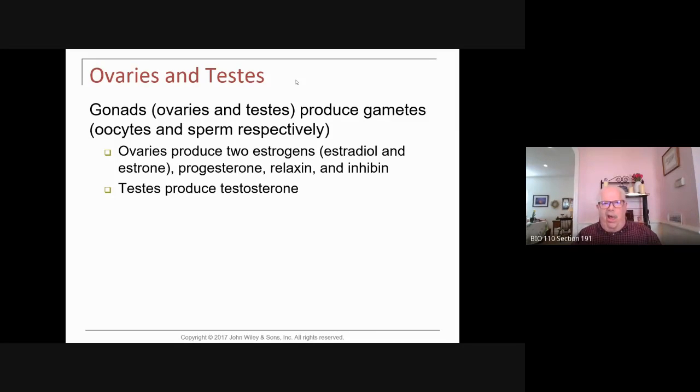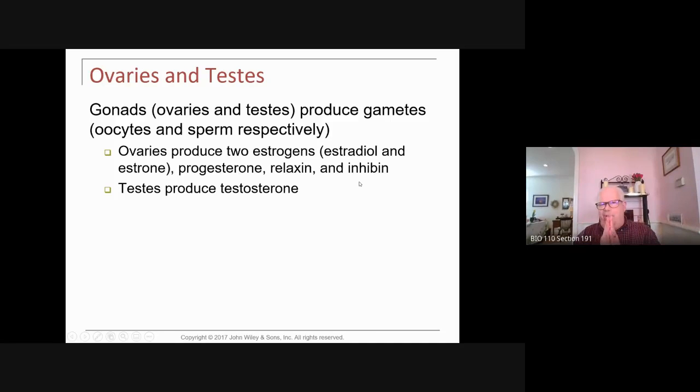Not only do they produce gametes, they also produce hormones. The testes produce testosterone. The ovaries produce 4 hormones. They produce estrogen. They produce progesterone. They produce relaxin, and they produce inhibin.